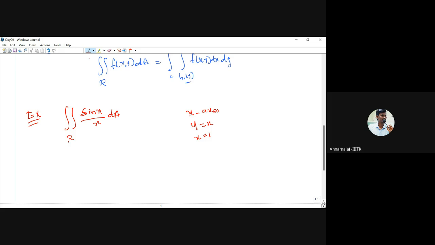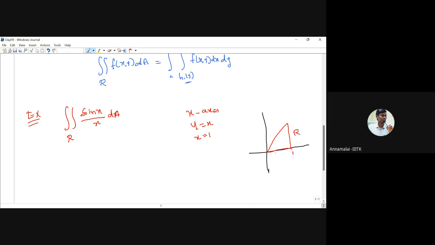So if you look at this region, how does it look? y equal to x goes like this, but x should be 1, therefore the line x equal to 1, and the x-axis. So this is our region R.